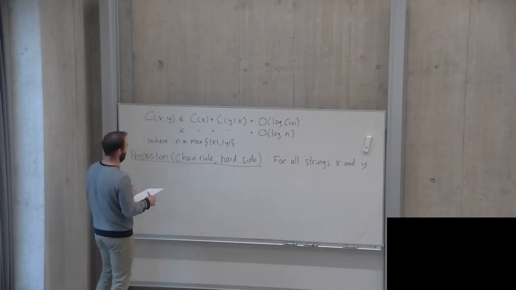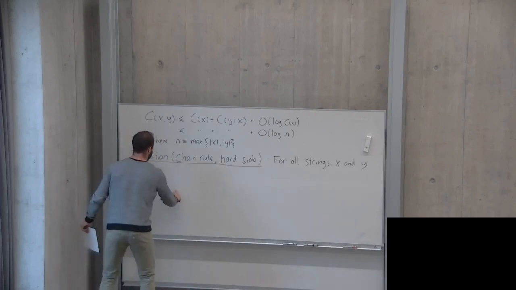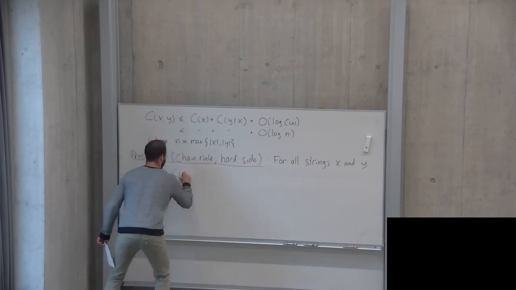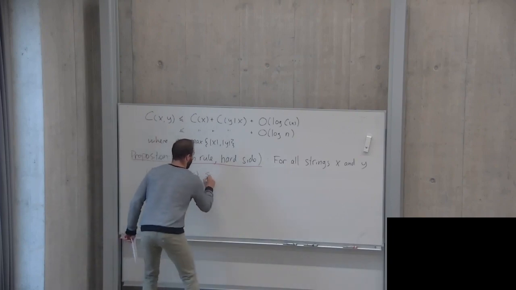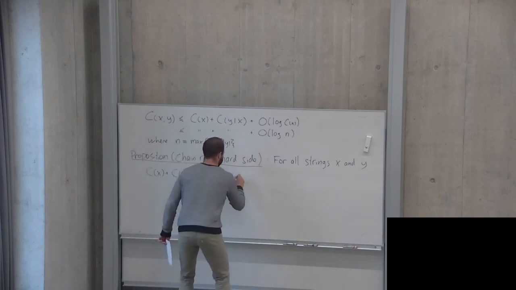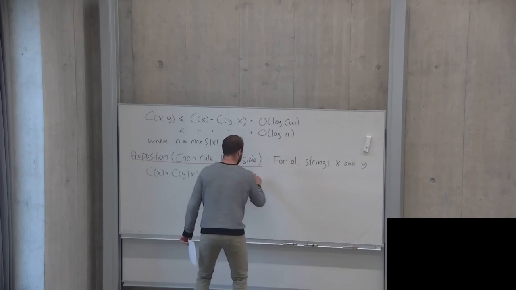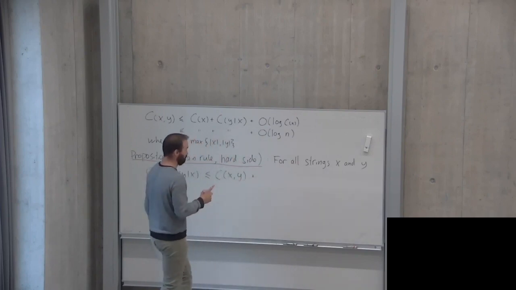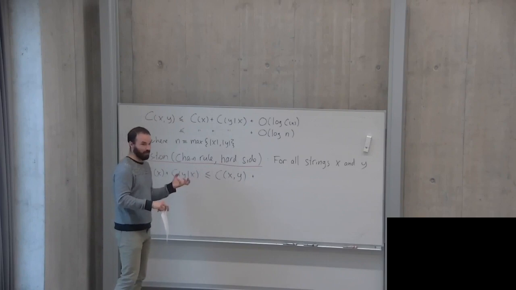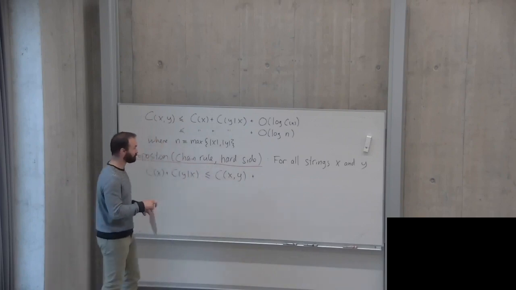So the hard side will be obviously the other side, which I like to write this way. C of x plus C of y given x is smaller or equal than C of x and y plus some error term. And there again, I will do one tight bound and one conservative bound.